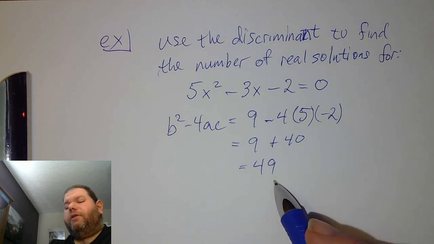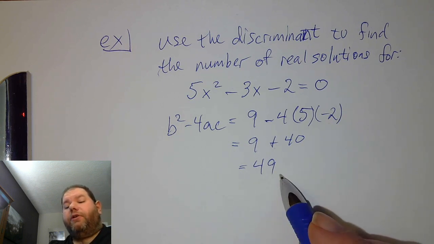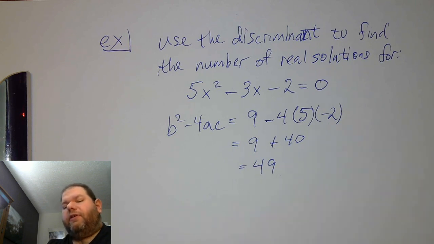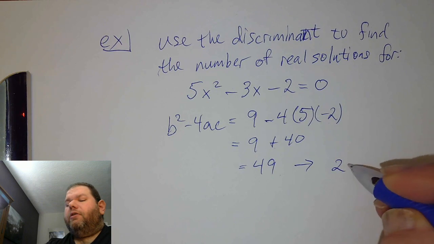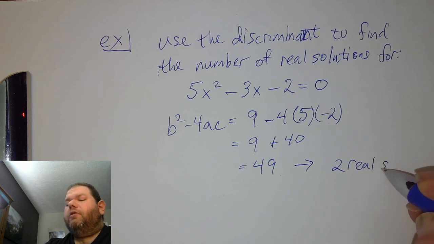And so what does it mean if we have a value of positive 49? We just said that if it's positive, we have two real solutions. And so that would be our answer here.